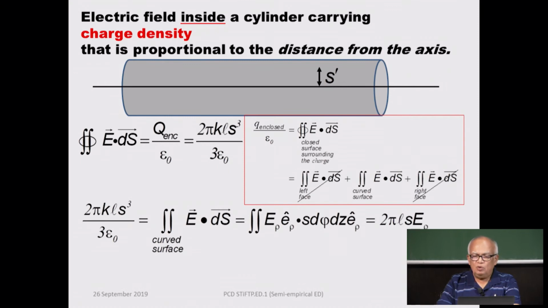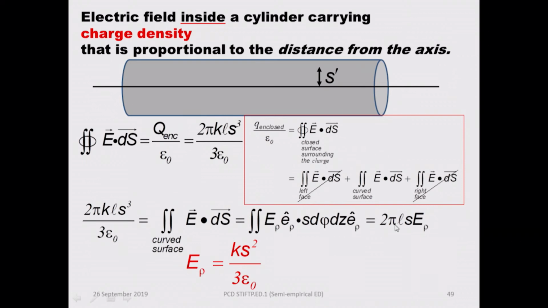So, that gives you twice pi L s times E rho. You had the cube of S in the charge, and on the surface integral you have one power of S, so one power of S cancels, and E goes as Ks prime S squared by thrice epsilon 0.